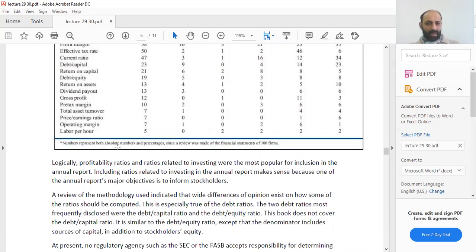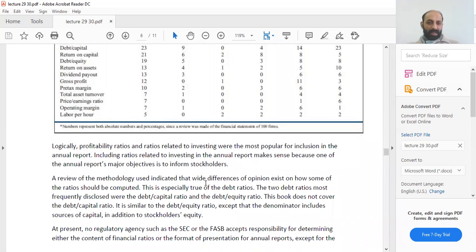Numbers represent both absolute numbers and percentages, since a review was made of the financial statements of 100 firms. Logically, profitability ratios and ratios related to investing were the most popular for inclusion in the annual report. Including ratios related to investing in the annual report makes sense because one of the annual report's major objectives is to inform stockholders.